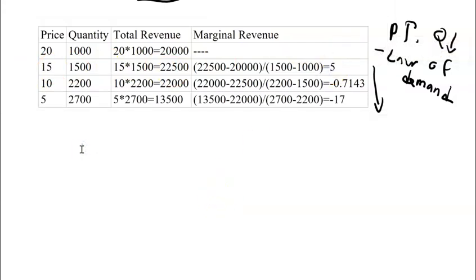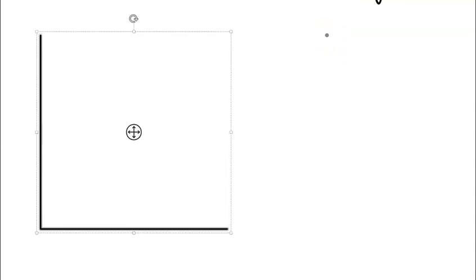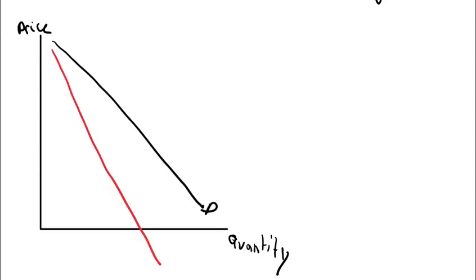So if I were to draw marginal revenue with my demand curve, now it would not be a straight line that we saw in perfectly competitive markets. As we produce more, we actually have a falling marginal revenue. If this is my demand curve, my marginal revenue curve would be something like that.